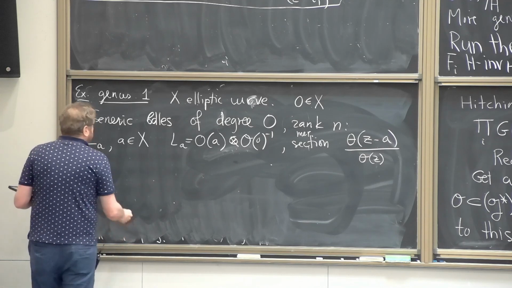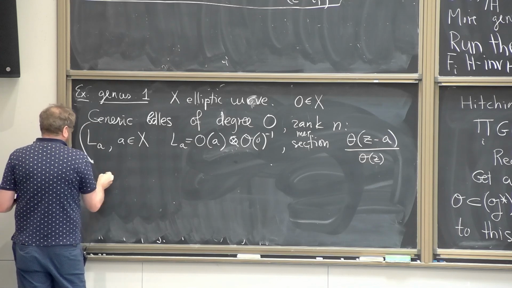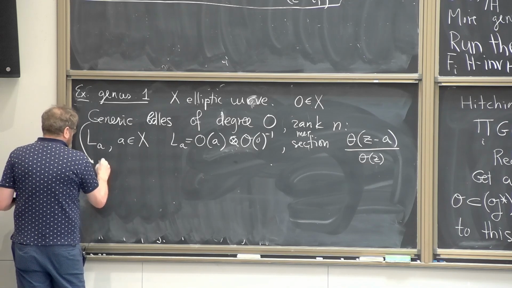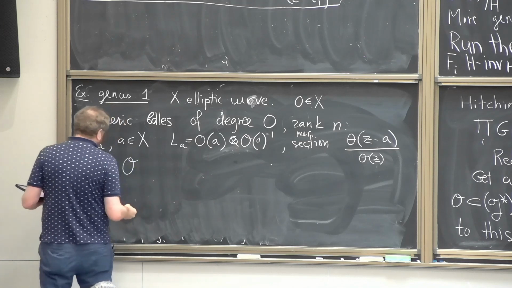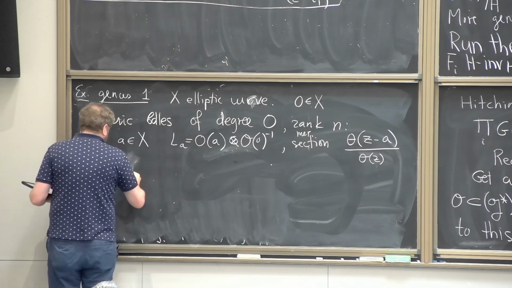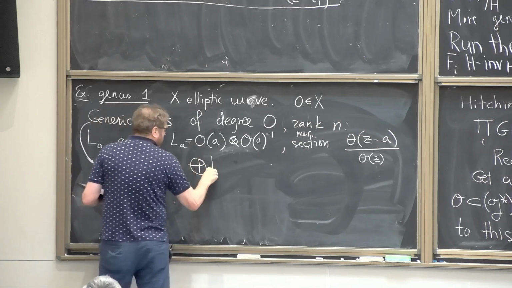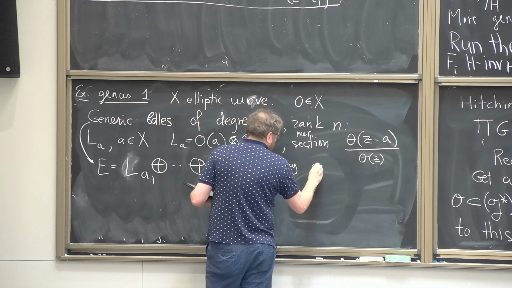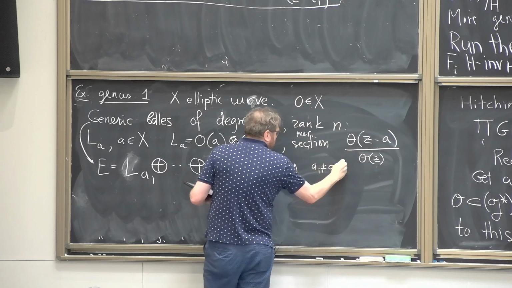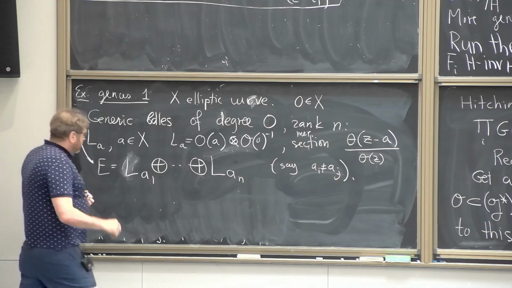And so these generic bundles are of the form, Atiyah showed, and it's not difficult, they have the form L_{A1} plus and so on plus L_{An}. And let's say the A_i are distinct.